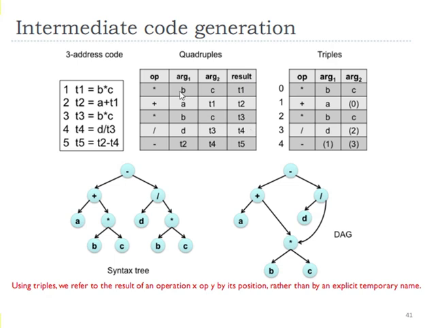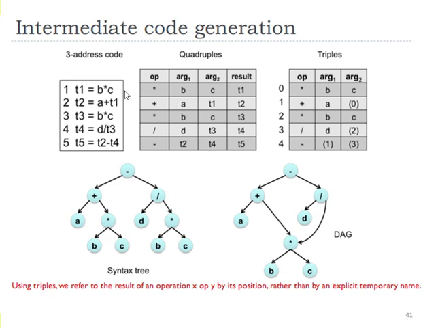So once we created the three-address code representation of a given source code fragment, we can refer to that three-address code representation and create a quadruple.